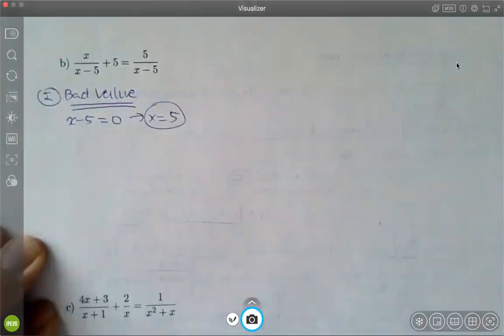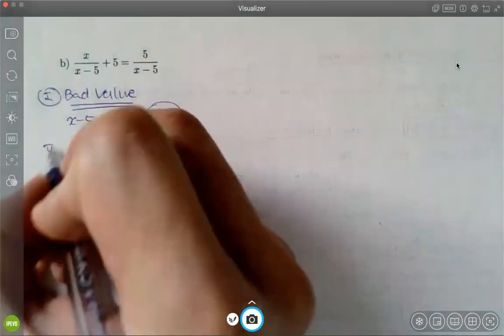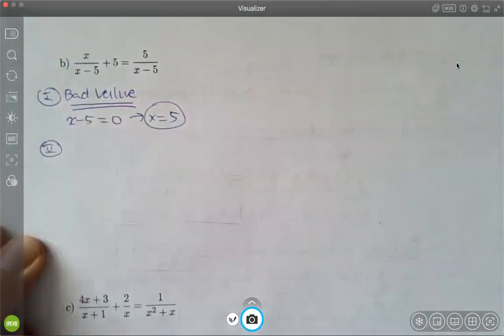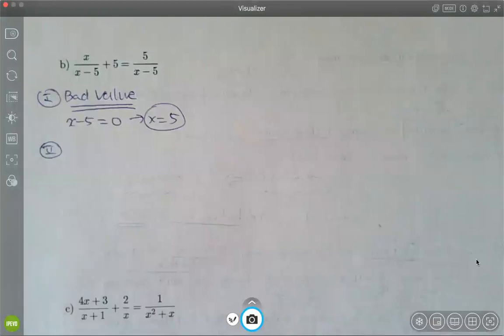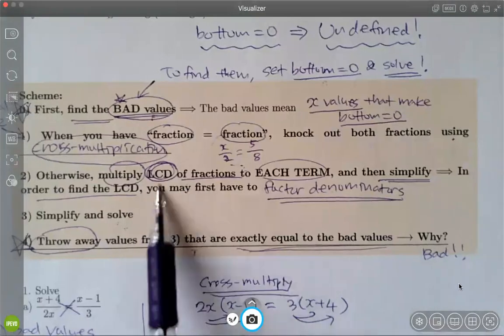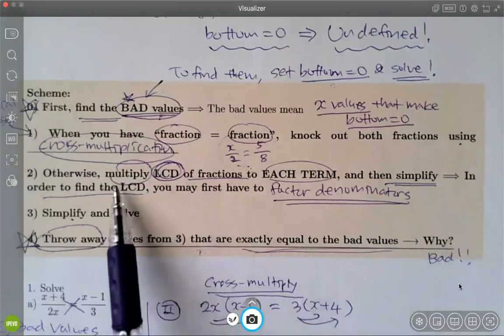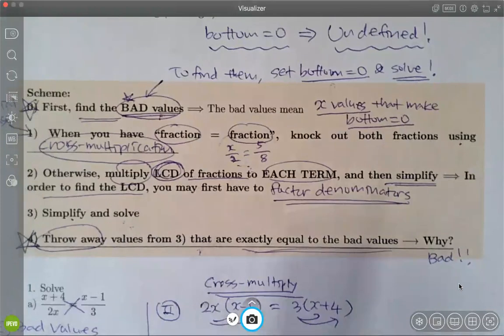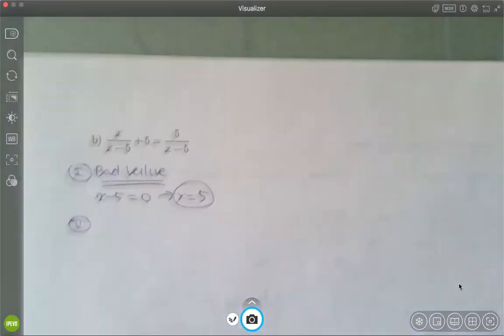Okay, and now, step number 2. Can we use cross multiplication here? No, because we don't have fraction equals fraction, right? So what does that mean? We have to find the LCD. And then once we find it, we need to multiply to each term and then simplify and solve, okay? So what is the LCD here?